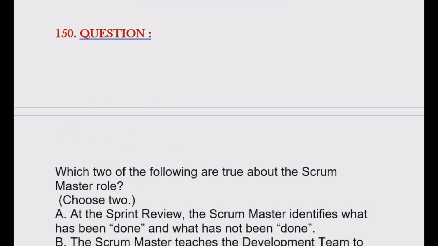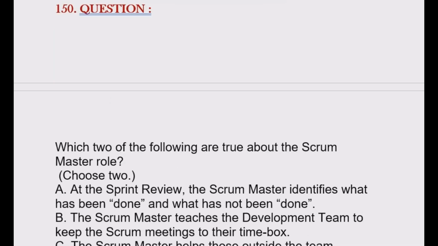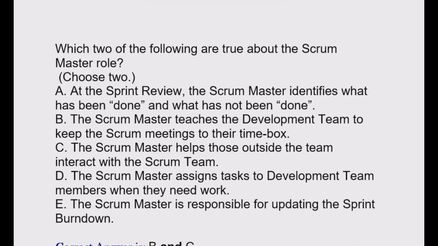Question is, which two of the following are true about the Scrum Master role? Option A, at the sprint review, the Scrum Master identifies what has been done and what has not been done. Option B, the Scrum Master teaches the development team to keep the Scrum meetings to their time box.